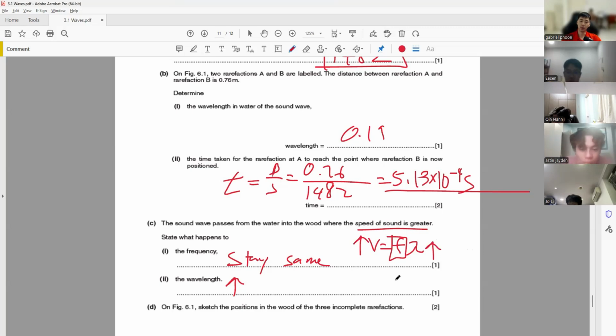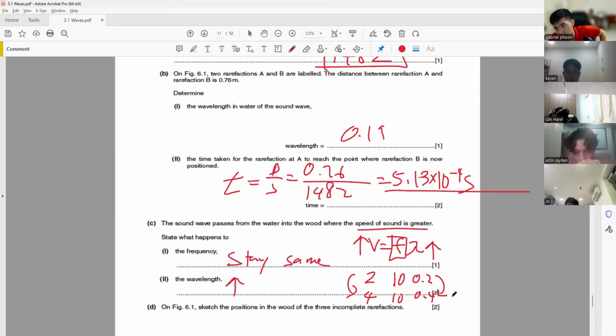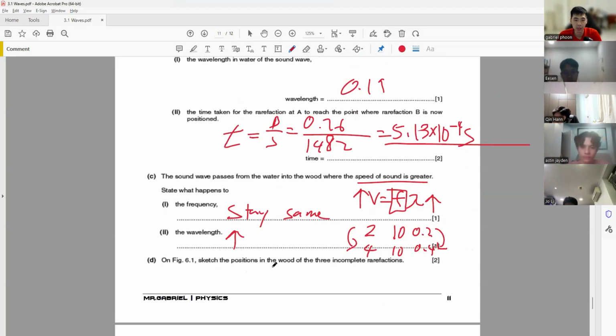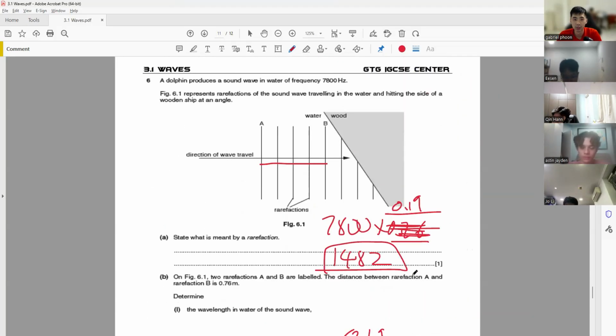I give you a numerical value. If frequency was 10 and the speed increases from 2 to 4, obviously the wavelength would go from 0.2 to 0.4. The increase in velocity from 2 to 4 will cause the wavelength to increase from 0.2 to 0.4. You understand? Okay.